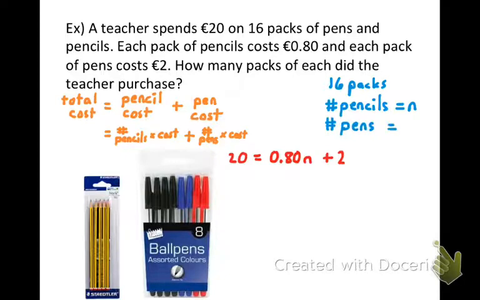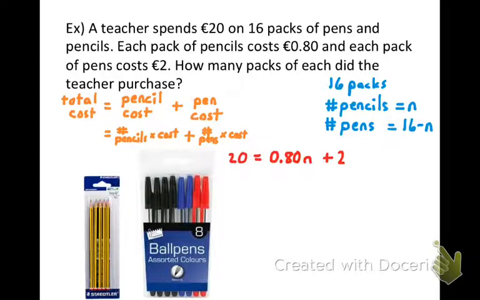Well, the way to figure out how many packs of pens you purchased is to subtract the number of packs of pencils from the total number of packs, right? You would do 16 minus the number of pencil packs. Or in other words, 16 minus N is how many packs of pens were purchased.